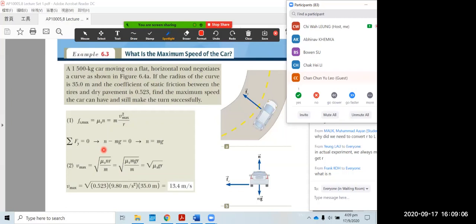Now, along the y-axis, which is the vertical direction, N is the reaction force, and it is equal to the weight.